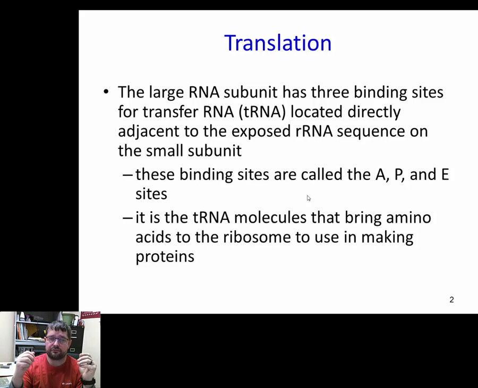You have transfer RNA molecules, and they get called transfer RNA molecules because they're transferring amino acids to a growing chain of amino acids to make a protein. They come in, they transfer one amino acid to the next to form a peptide bond, and this chain just goes on and on and on.